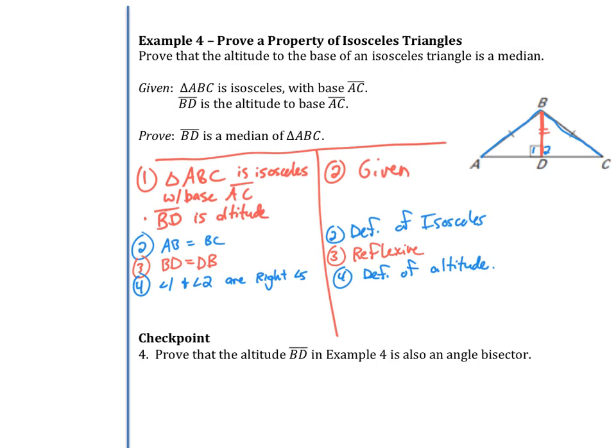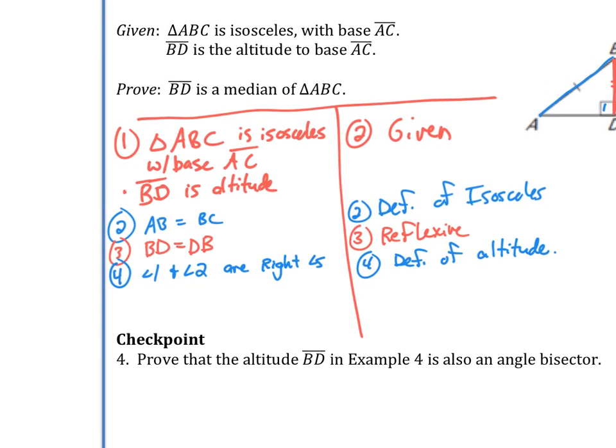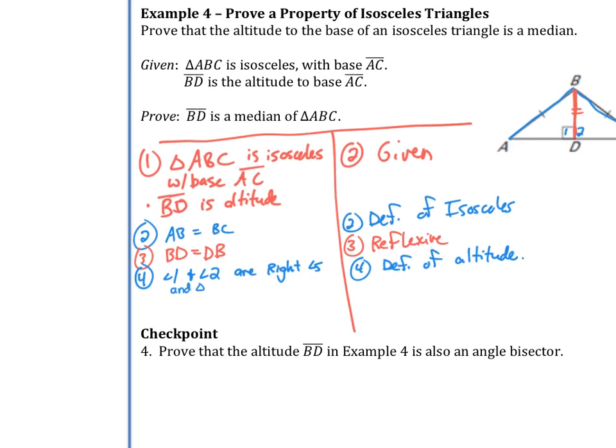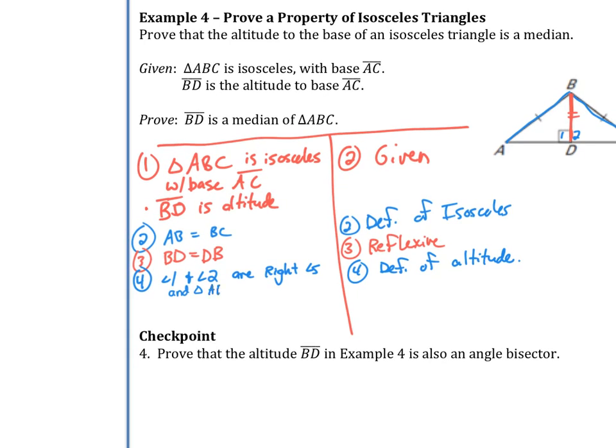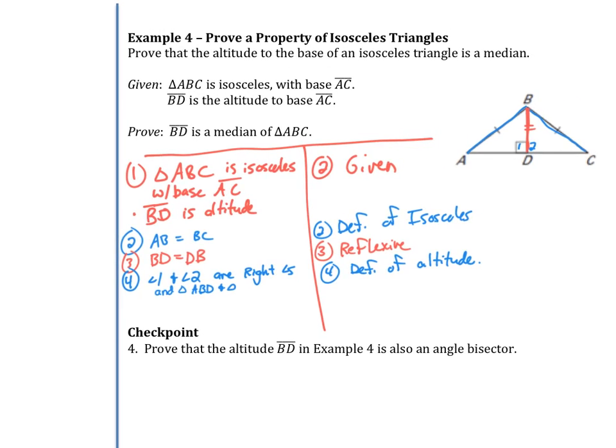Altitude forms a right angle. And I'm actually going to add a little bit here. So those are right angles. So I'm going to say and triangle ABD and triangle CBD are right triangles. So since they're right angles, therefore those 2 triangles are right triangles.